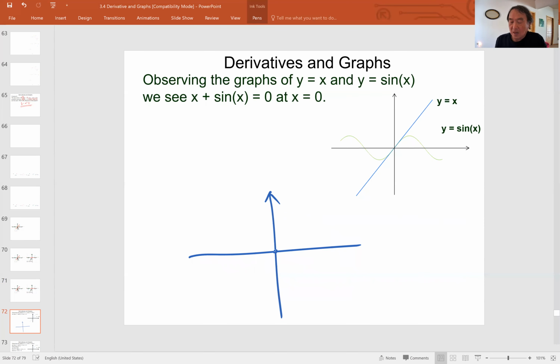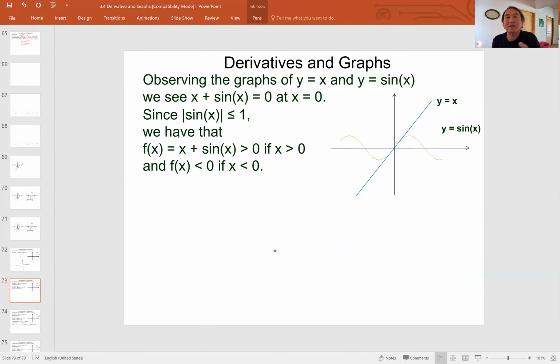Since sine of x is always fluctuating between 1 and negative 1, when x gets bigger, 3, 4, 5, 6, the sine of x is not going to change x by much.